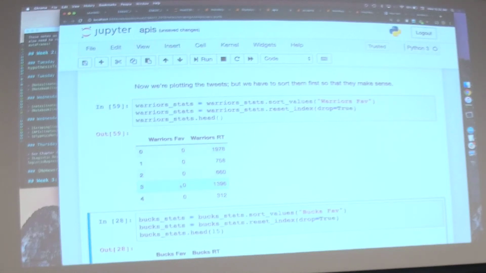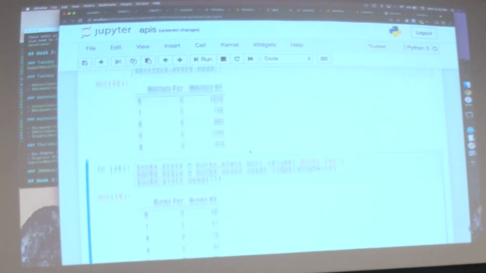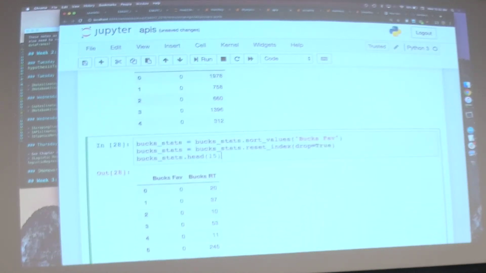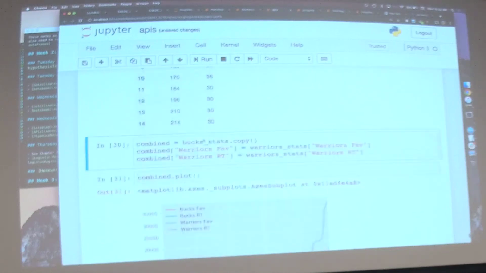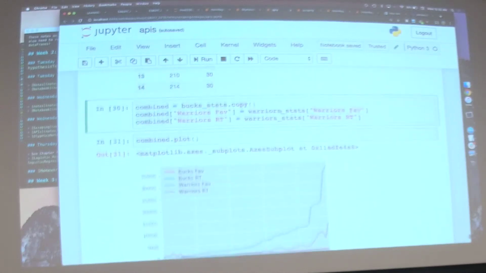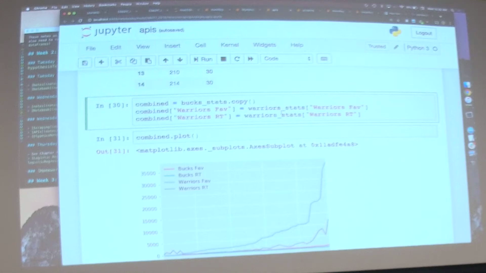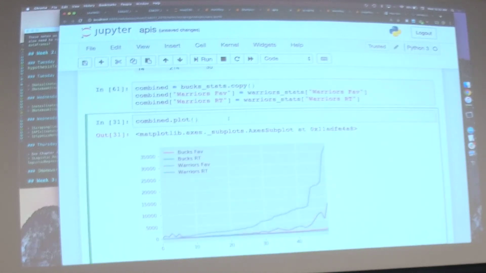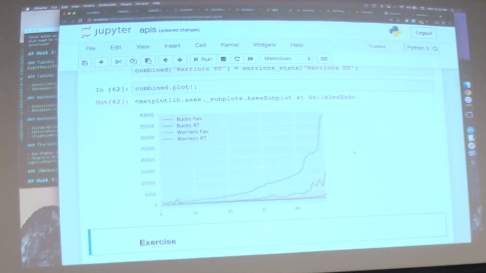So no fave. I don't know what tweets have no faves but 2,000 retweets. That seems pretty weird to me, but here's the Bucks stuff. We're going to put them both into a single data frame, and now we can plot the engagement of all these tweets.